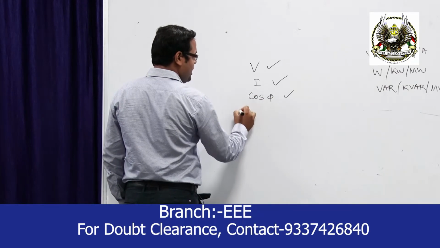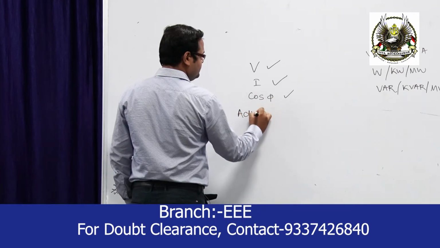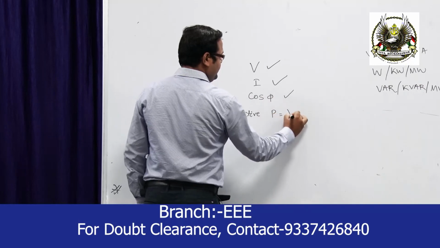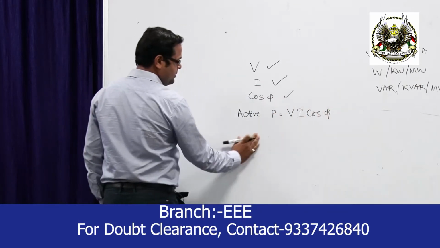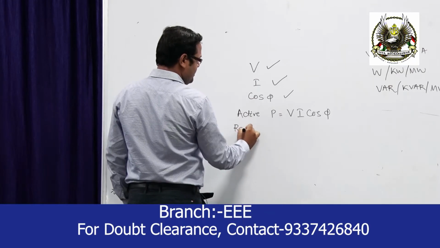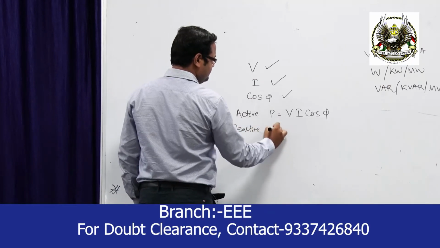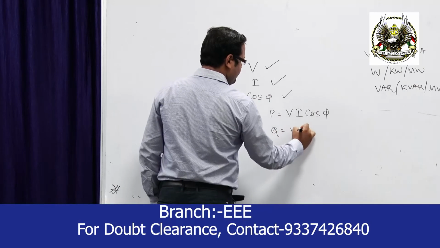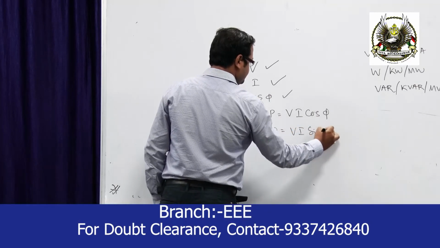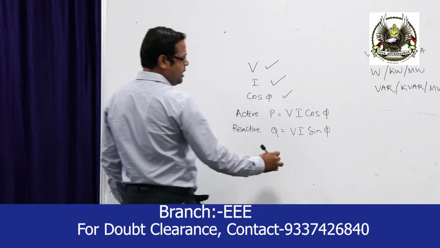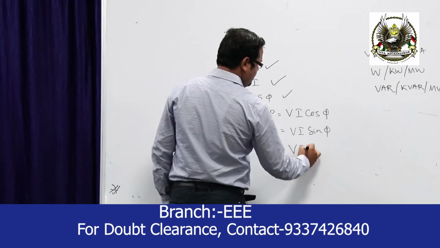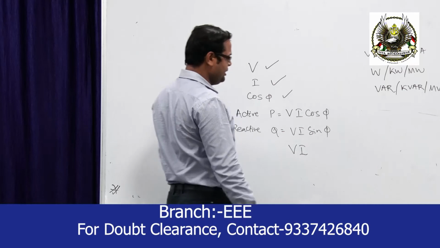So, the active power P is equal to V I cos phi, the reactive power Q is equal to V I sin phi, and the apparent power is equal to V I, simply V I.